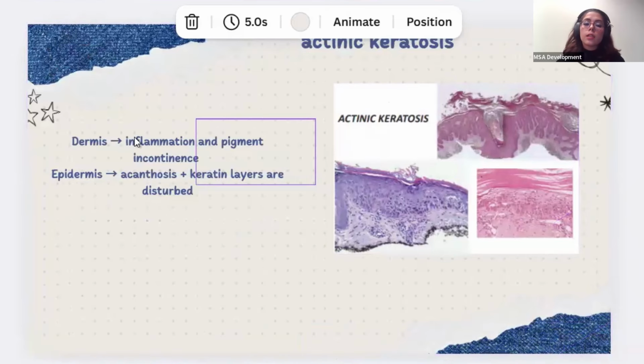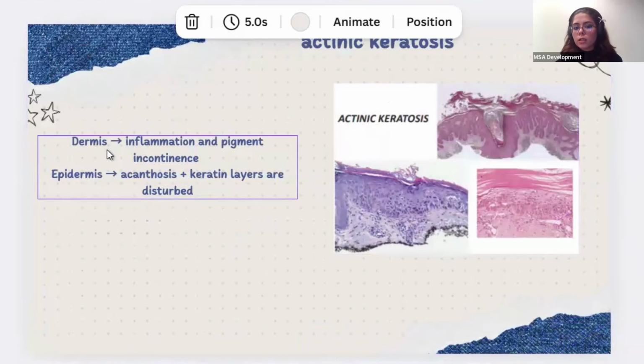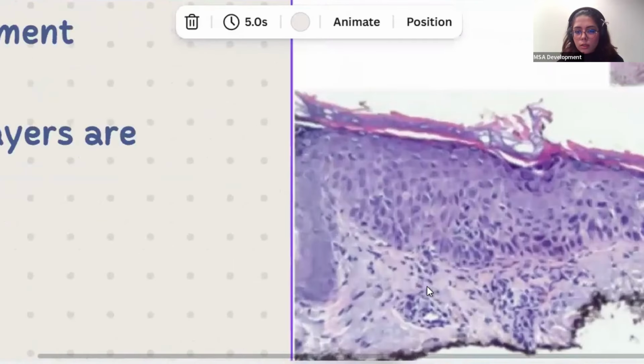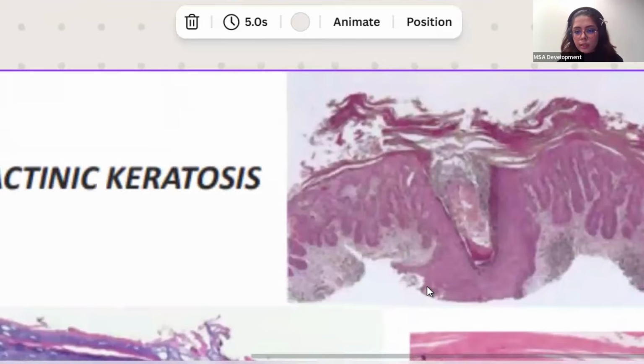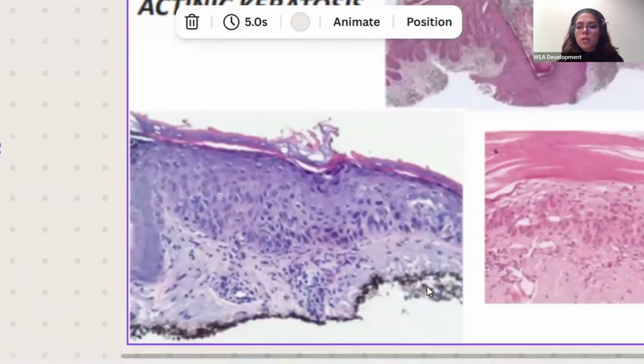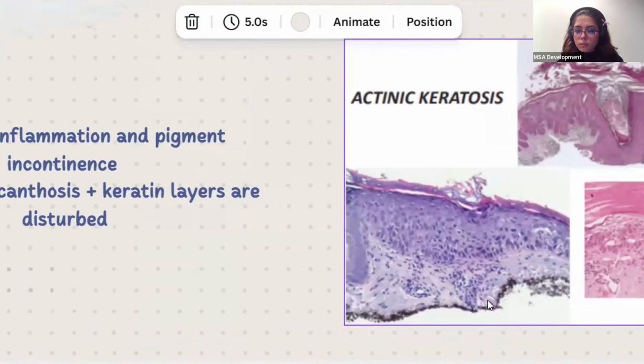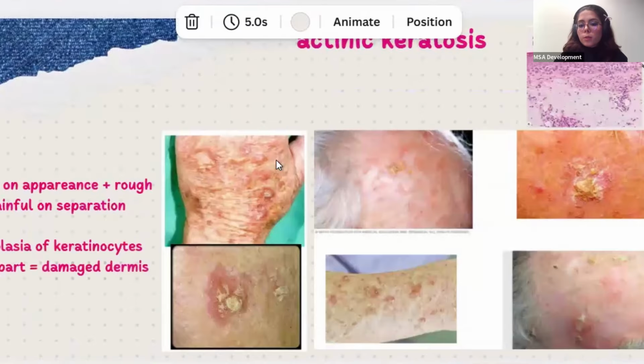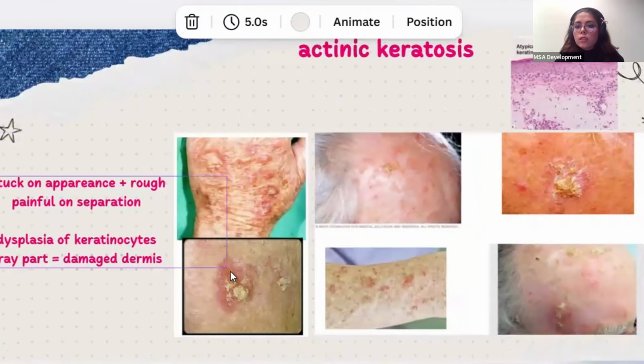Actinic keratosis, dermis. In the dermis, there's inflammation and pigment incontinence. That's why the spots tend to be of different colors. Epidermis: there's acanthosis, plus the keratin layers are disturbed. Can you see inflammatory cells on these slides? Me personally, I can't, but if you can, good on you. Pigment incontinence. Acanthosis and the keratin layers are disturbed. These are more pictures of it.